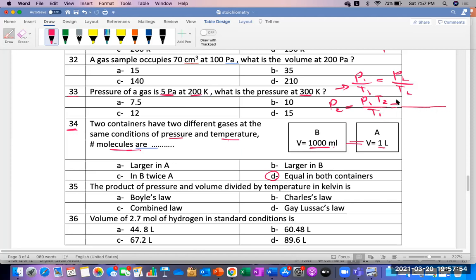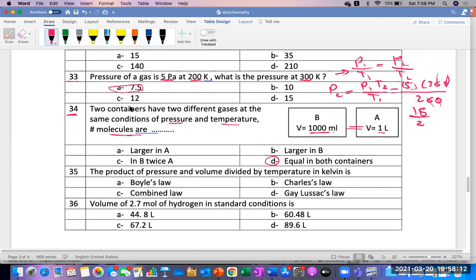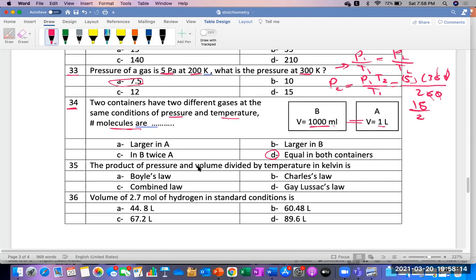The first pressure is 5, times 300 over 200. 2 zeros cancel, so it will be 3 times 5, which is 15 over 2, so it will be 7.5. The product of pressure and volume divided by temperature in Kelvin: if you have the three, pressure, volume and temperature, this will be the combined law.